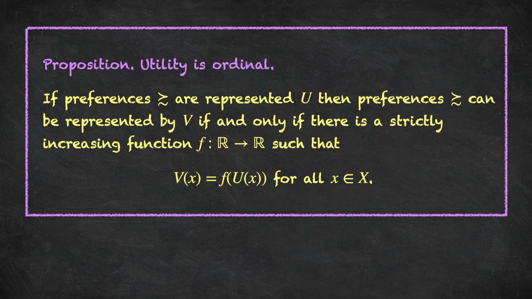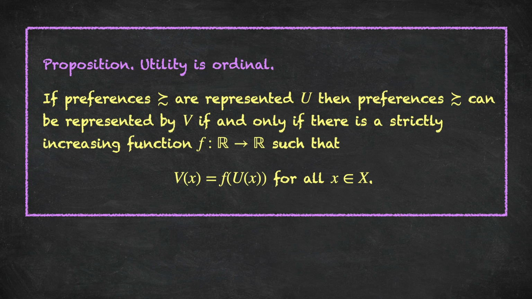We found one way of doing this by counting the number of elements in the lower preference set. However, this is far from the only way of doing this. Indeed, once we've found a utility function, we can find infinitely many more by simply taking transformations of these numbers in a specific way, if we transform the numbers so that the order does not change.